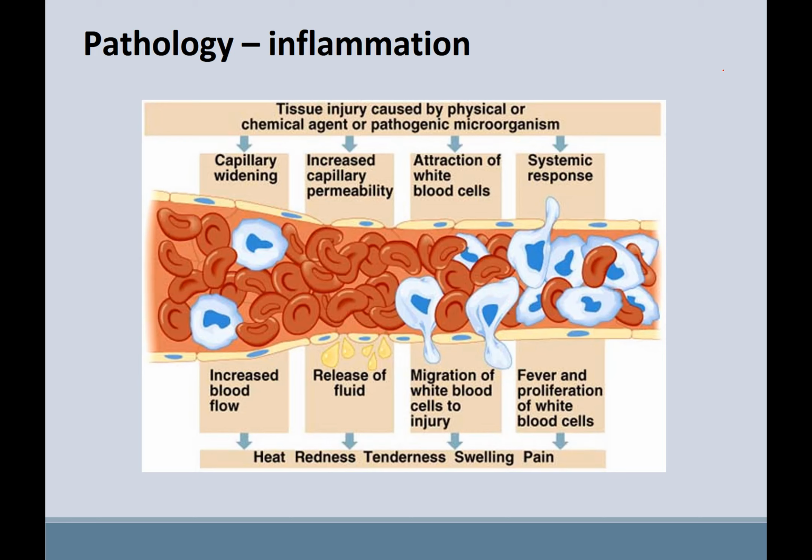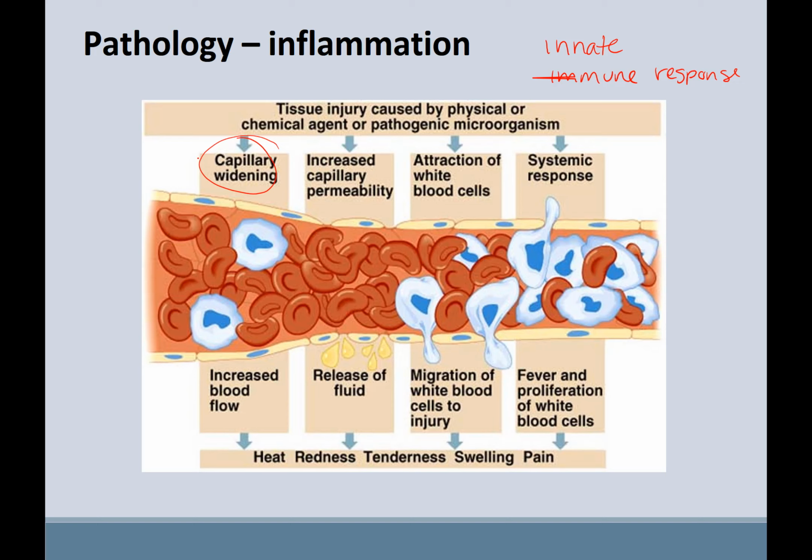Here we go, inflammation. All right, so inflammation is part of our innate immune response. It's one of the first things that gets triggered. And what's happening in inflammation is that you're opening up the capillaries.